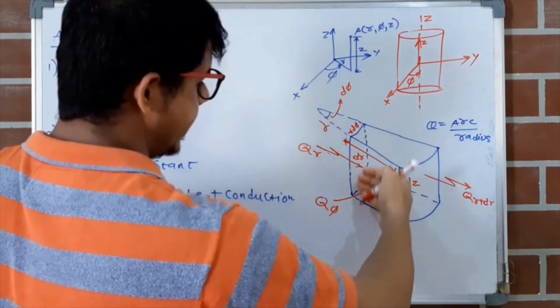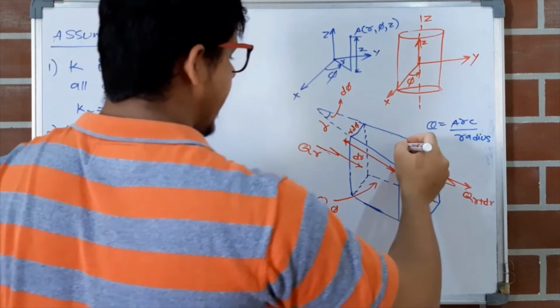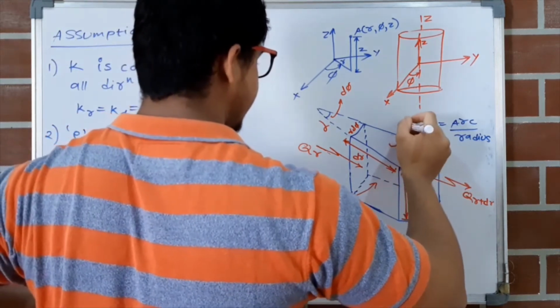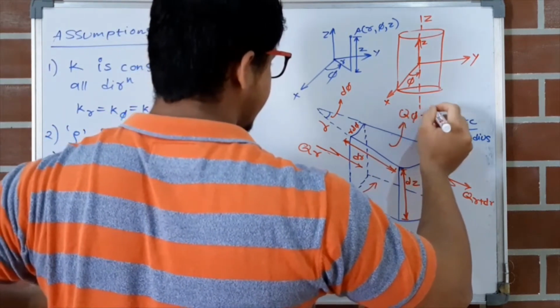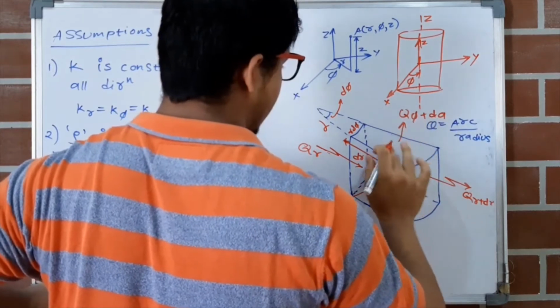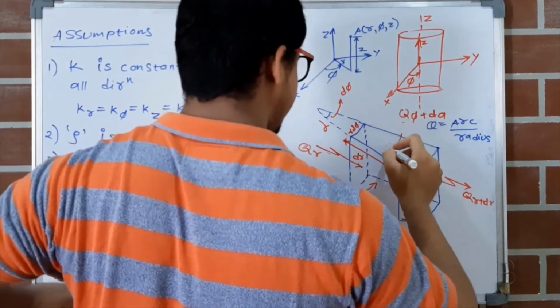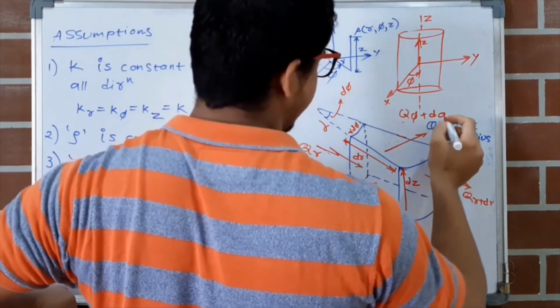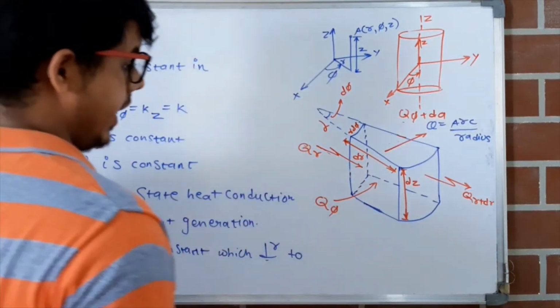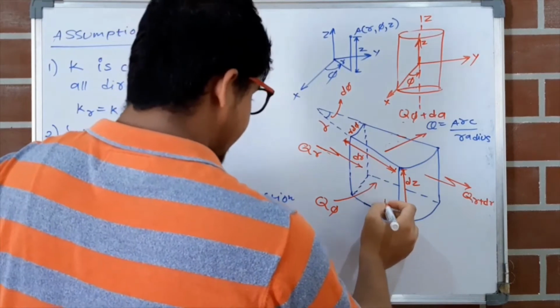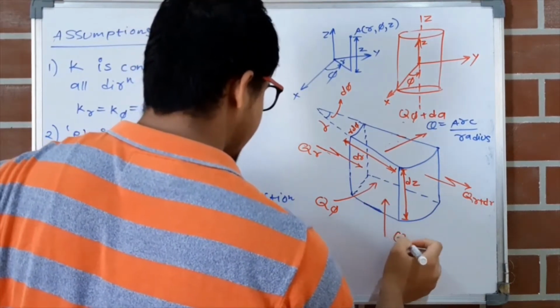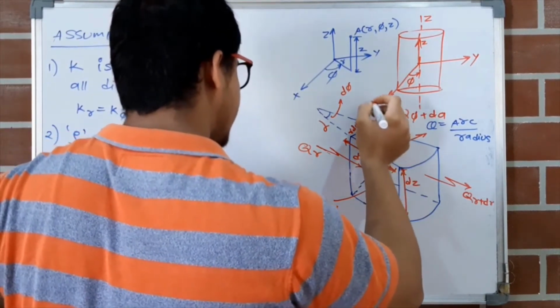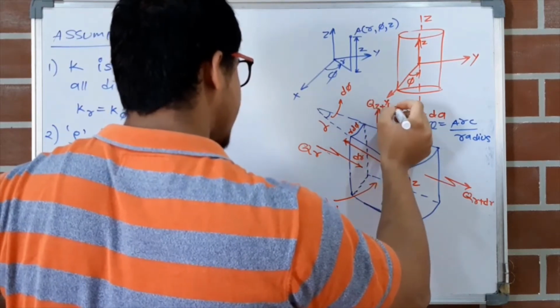Along this face the heat is entering, Q phi, and leaving from this behind face is Q phi plus d phi. Now the heat entering along the axial direction is Qz, and leaving is Qz plus dz.